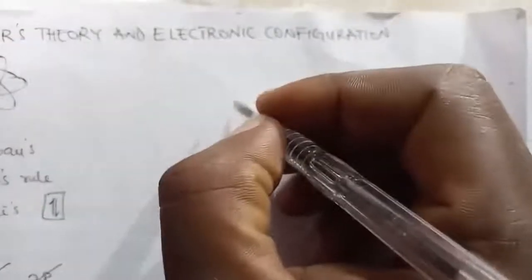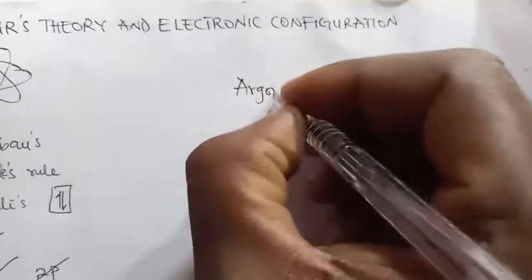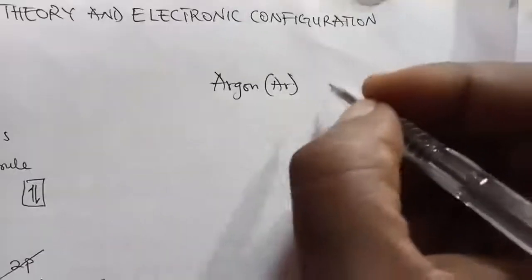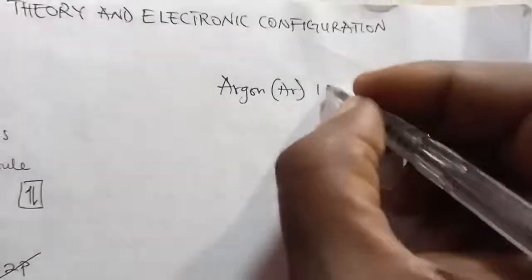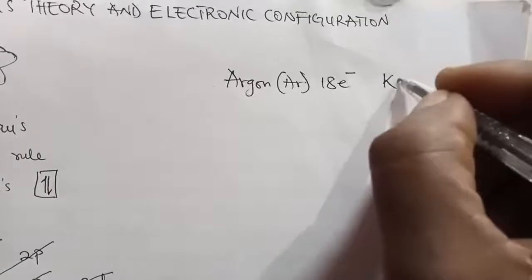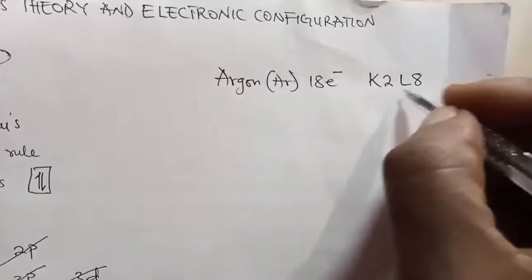Another example, let's say argon. Now argon has 18 electrons. So if we want to write it out, K shell takes 2, L shell takes 8. Remember, 10 is already gone.